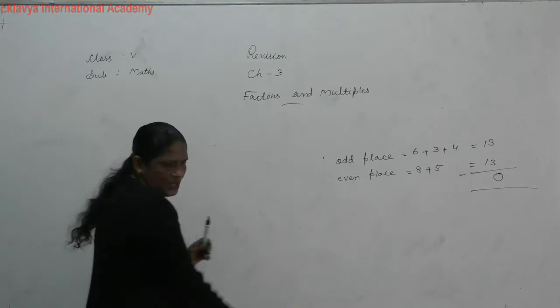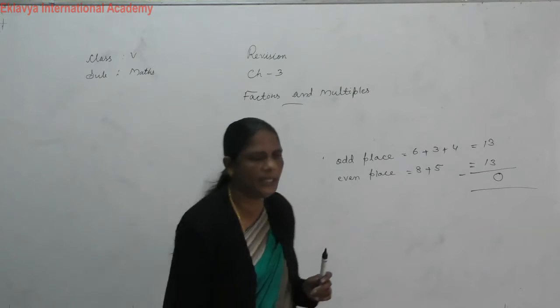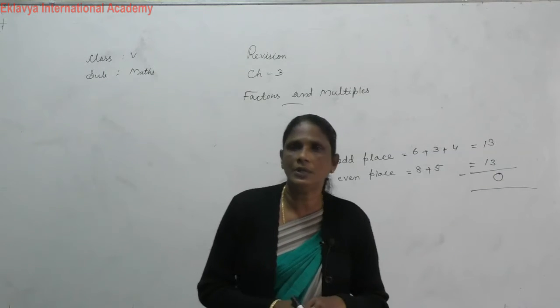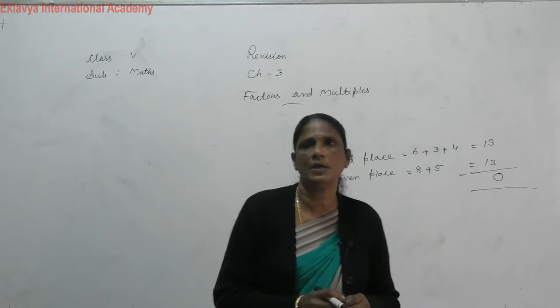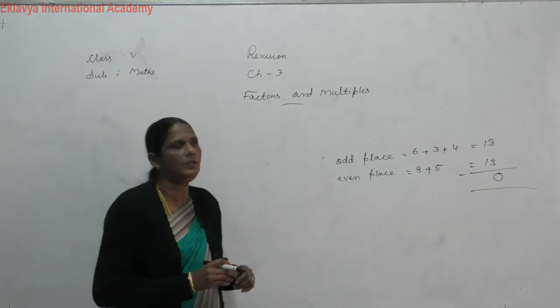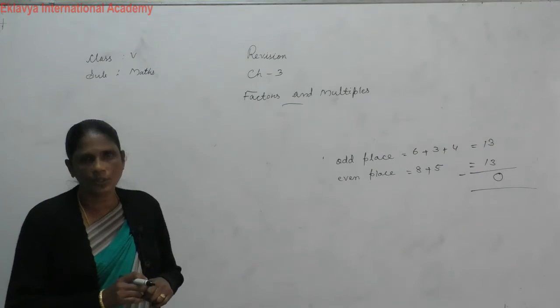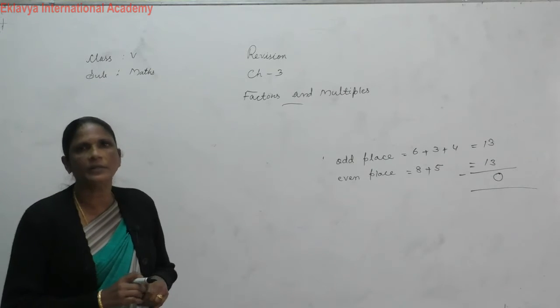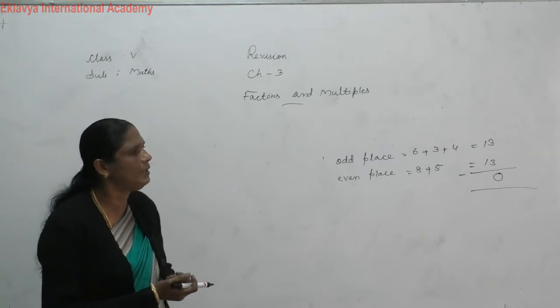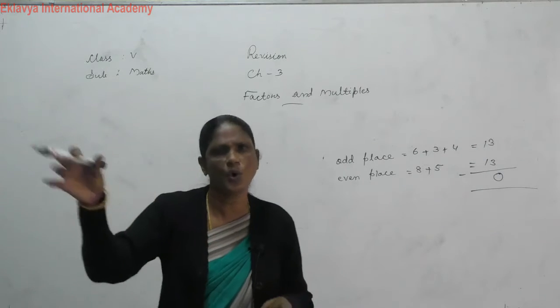I think all students have learned the prime numbers. Again, let us revise: 2, 3, 5, 7, 11, 13, 17, 19, 23, 29, 31, 37, 41, 43 and 47 and so on.